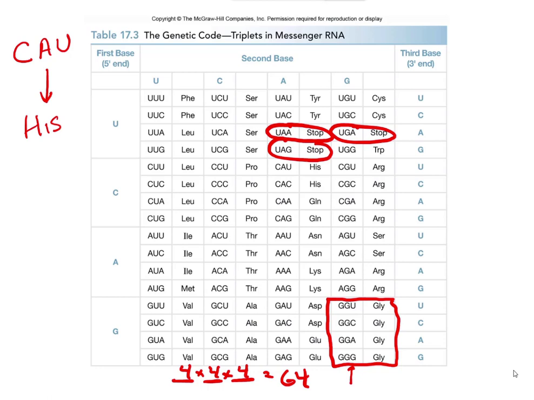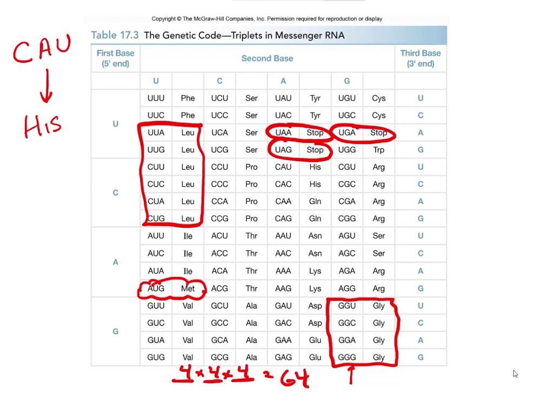So we call this genetic code redundant because there are often multiple ways to make a particular amino acid. Leucine over here has 6, for instance. Some of them only have 1, like the methionine that we just talked about as a start codon, the AUG that's down here. That's the only way to make methionine.